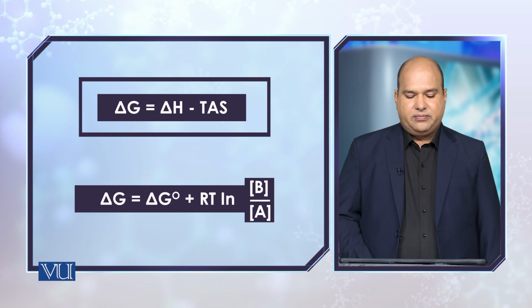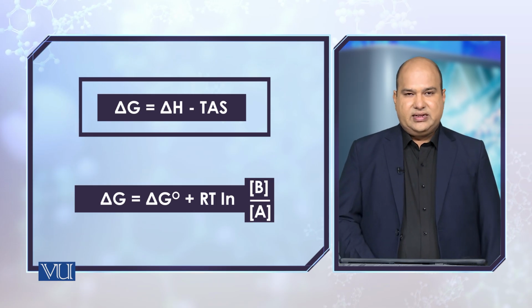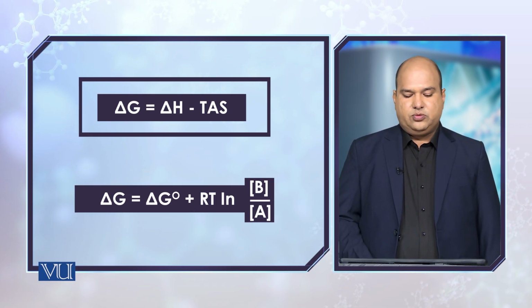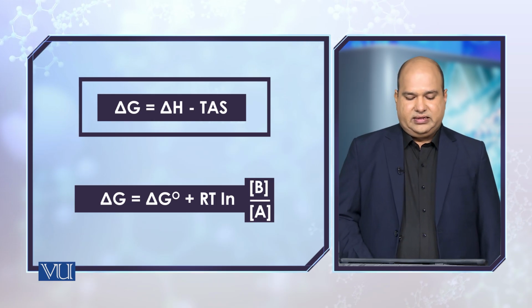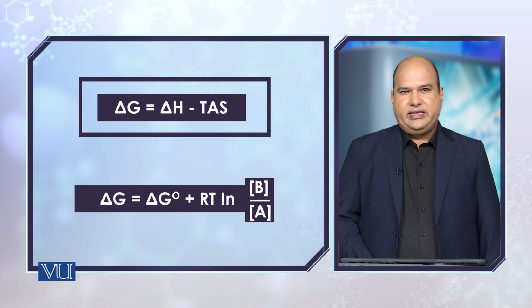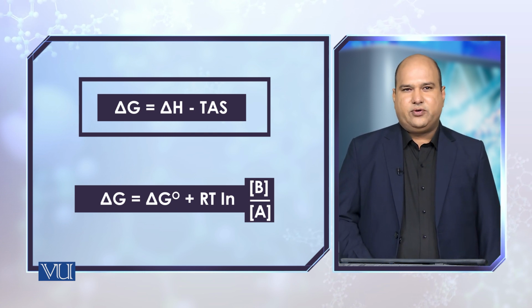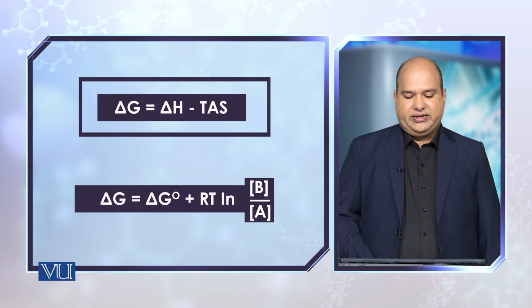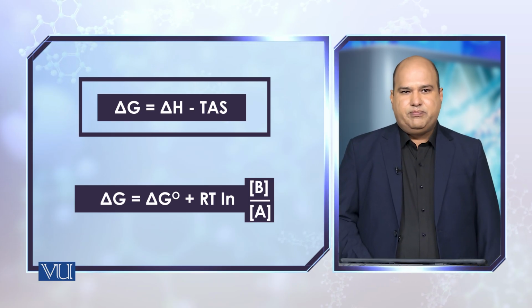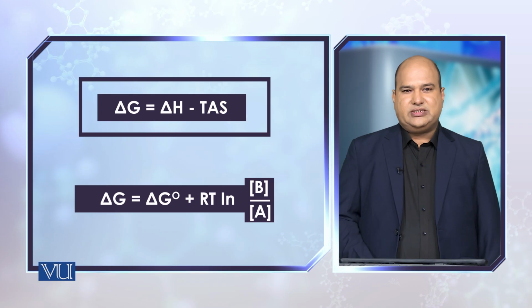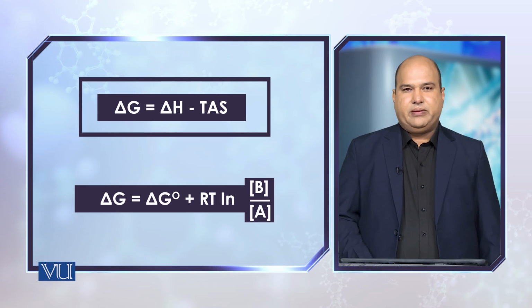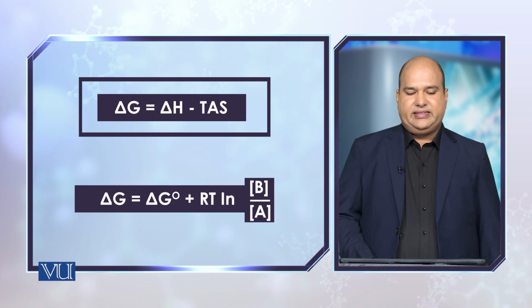This is represented by this expression, as you can see: delta G is equal to delta G naught plus RT ln [B]/[A], where R is the constant and T is the absolute temperature, and ln stands for natural log, while B and A represent the concentration of B, the product, and A, the reactant.